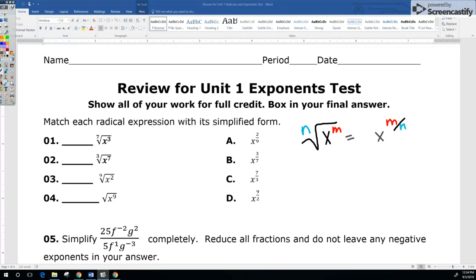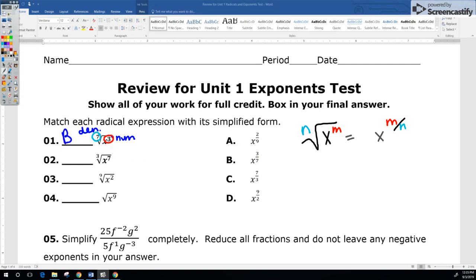So you can see that the exponent becomes your numerator and your index becomes your denominator. So if we look, we're looking for a 3 in the numerator and we are looking for a 7 in the denominator. That's what we're looking for over here. So 3 in the numerator and the 7 is in the denominator. So that would be B.